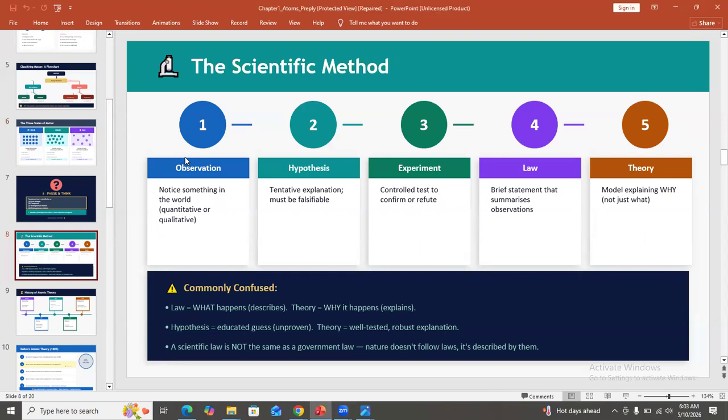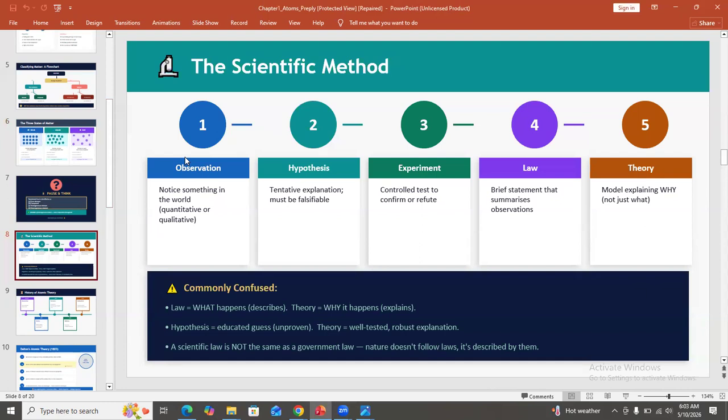The scientific method is how scientists work on an idea. Whenever a scientist makes a theory, it doesn't just happen overnight. For example, Albert Einstein proposed the theory of relativity. He didn't just say, I think that this happens because of this, and that's why this is my theory.